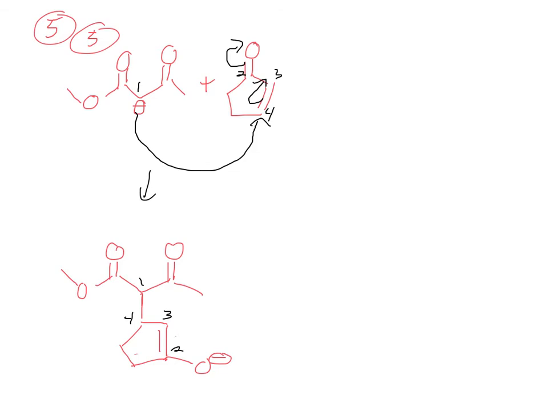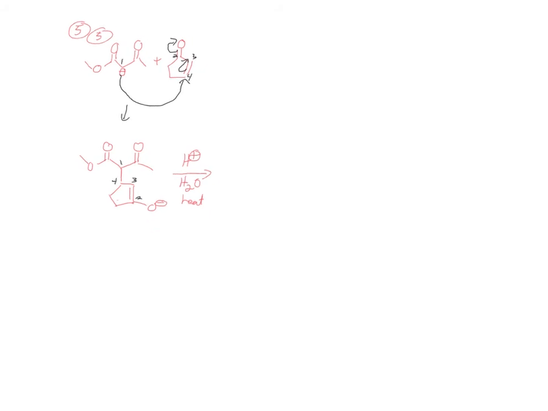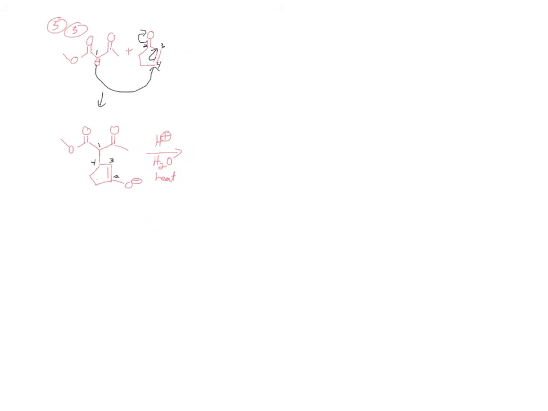What's going to happen in the next step? We have a tetrahedral intermediate and an enolate. We're kind of stuck here, right? We're kind of done. Normally, you'd have a base in there, you'd have water in there, and you'd reprotonate your enolate. So at this point we're going to add in H+, water, and heat. So now the question is, what is this all going to do? We're okay with that conjugate addition.